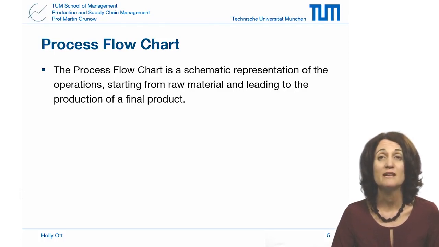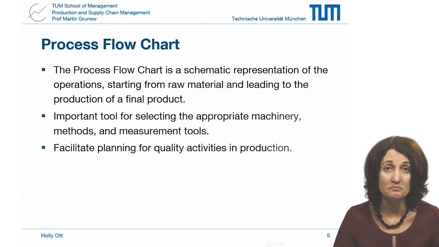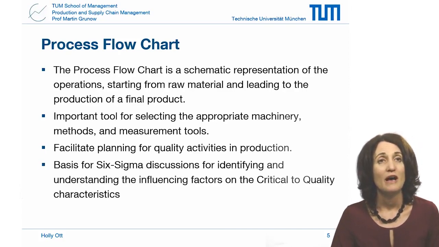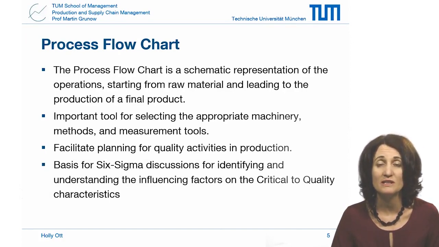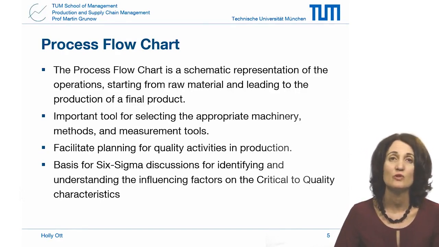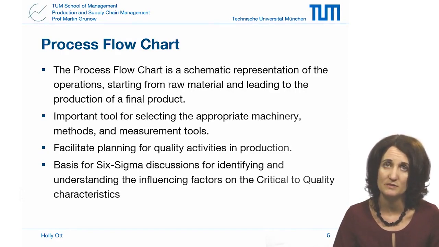It provides a perspective on the flow of activities in a production process and thus facilitates also planning for quality-related activities at appropriate junctures in the course of production. And of course, it is the basis for starting discussions in the Six Sigma methodology, for investigating the influencing factors for the critical to quality characteristics.